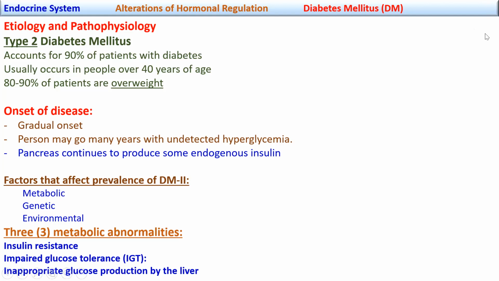Sorry, that has nothing to do with the insulin itself. Most type 2 diabetes develops from a significant decline in the pancreas's secretion of insulin, but when it comes to metabolic abnormality, it has to do with the liver, from the inappropriate glucose production by the liver.